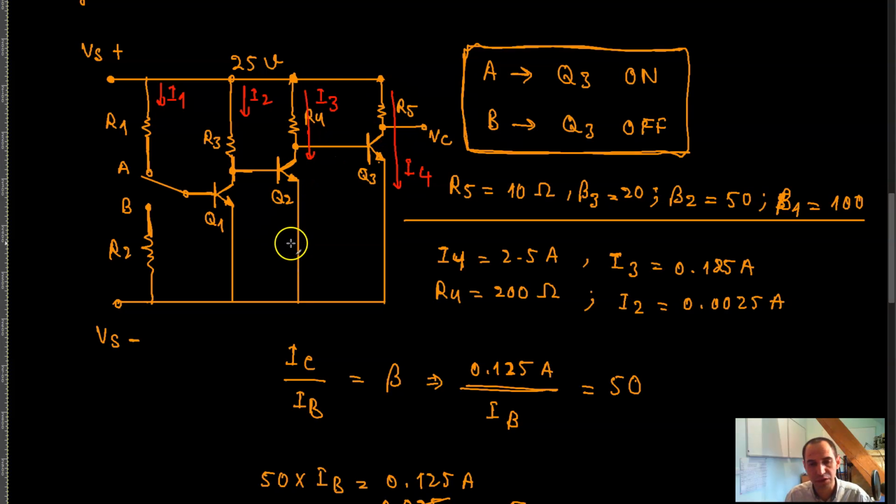I don't want to confuse you, but essentially this is the relationship: whatever the base current is multiplied by beta, you get the collector current.